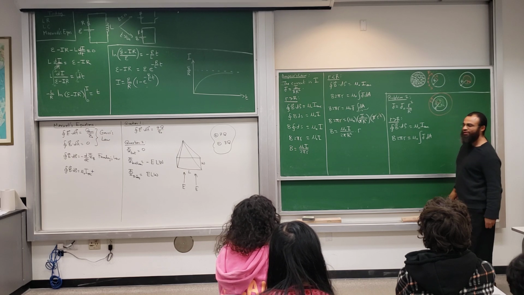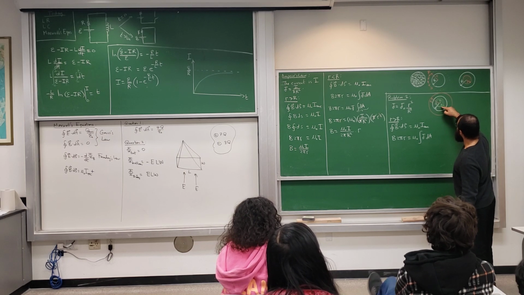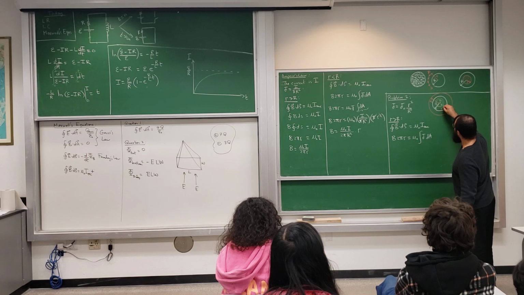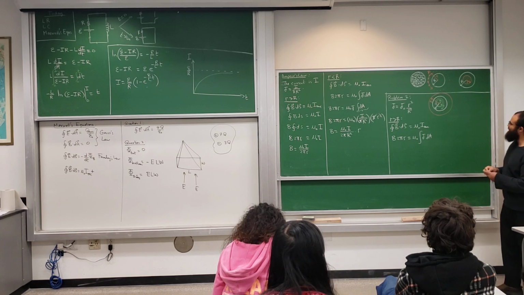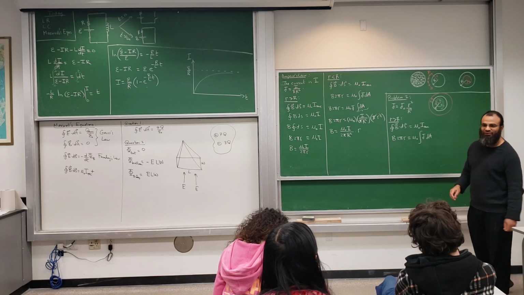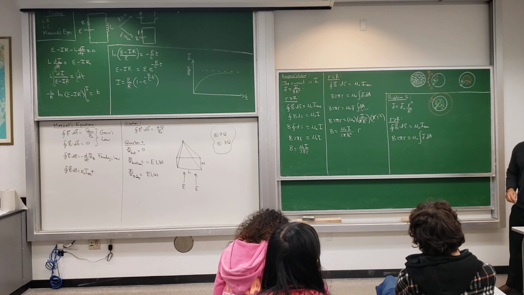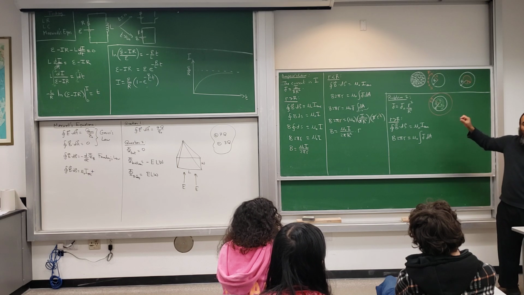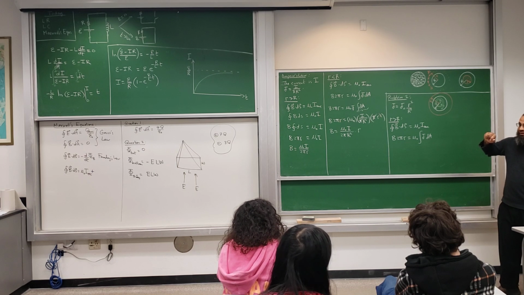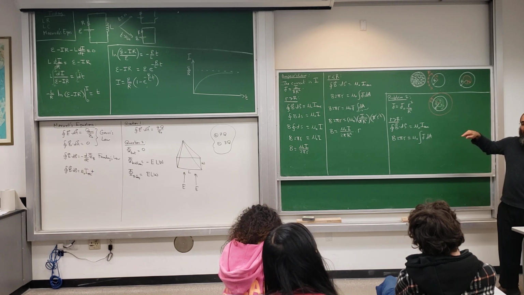This is R prime, and the width is dr prime. So what's the area? It's 2 pi r prime dr prime.